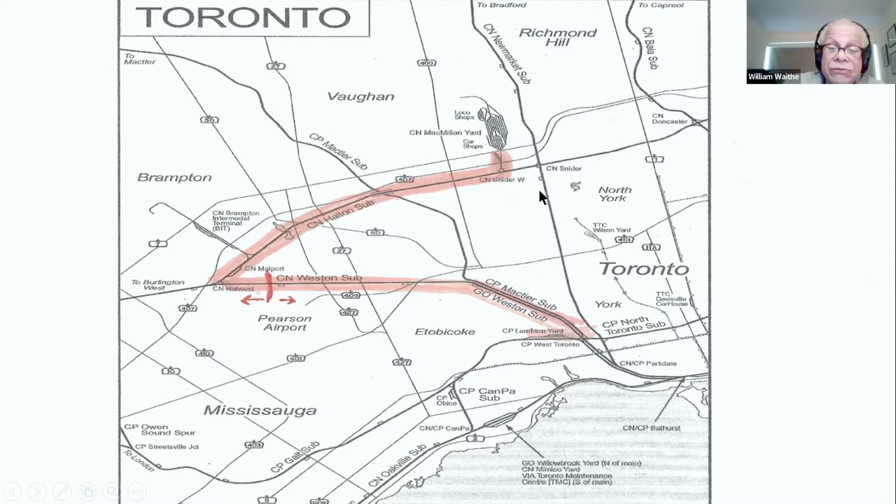This section is about 12 miles or 19 kilometers, and this is about the same. I've outlined the area that is modeled. On the first version of the CN Weston sub, which began in 1999, we modeled the section from Hall West down to the interchange with the CP yard.